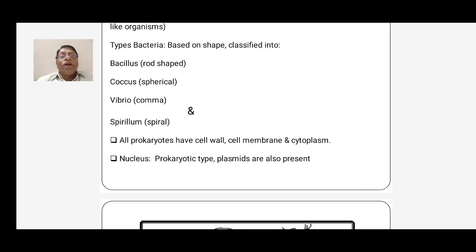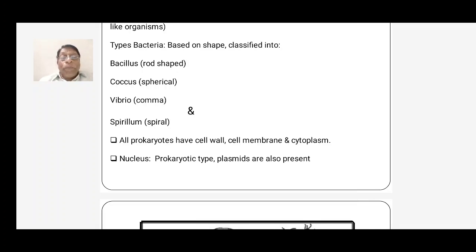Why we call extra DNA? Because the genomic DNA is different from plasmid DNA. It is circular in shape. It's not helical. Self-replicating. A plasmid can produce another plasmid. Okay. The number of plasmid also varies.